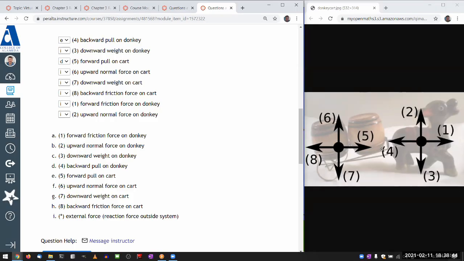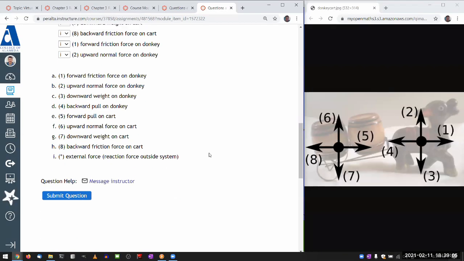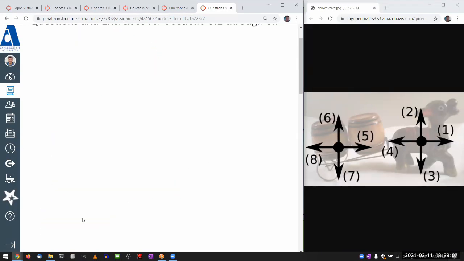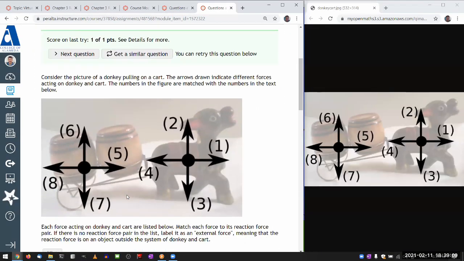As the donkey tries to move forward, the cart is holding the donkey back. So this holding back is the action force, and the reaction force to that is the donkey ends up pulling the cart forward. The reason you can flip this around is that the action-reaction relationship is not a cause and effect. It's two sides of a simultaneous coin.